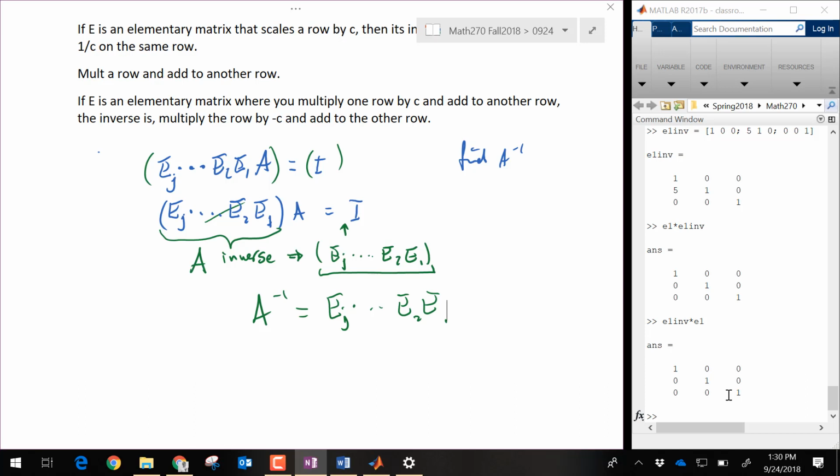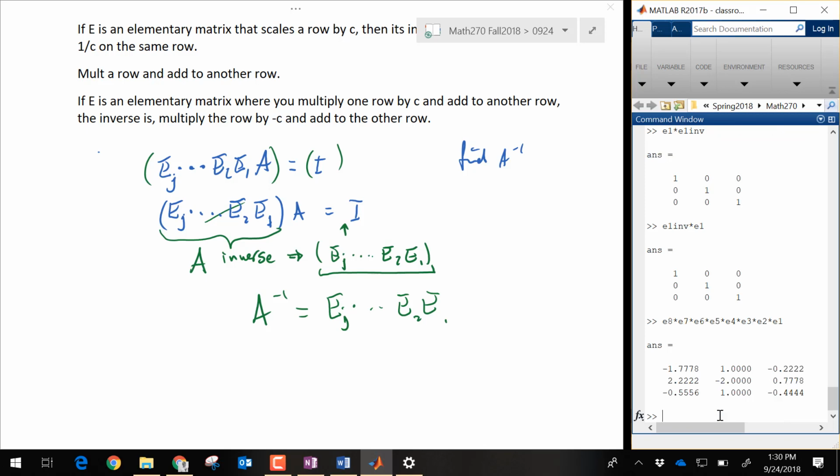How many E's do we have here in our MATLAB example? 8. So if I take E8 times E7 times E6 times E5 times E4 times E3 times E2 times E1 without the A, then this should be my inverse, right?